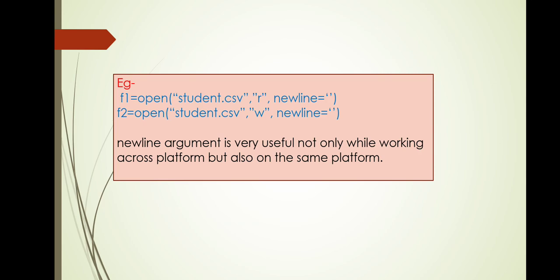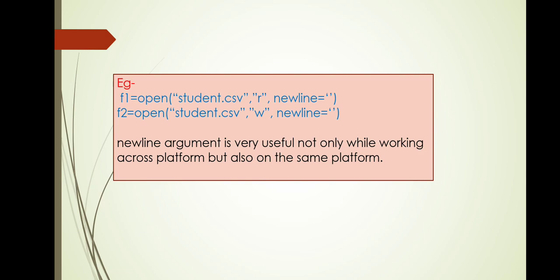This argument is used with the open function. How do we write? f1 is equal to open, then file name, then mode, and then newline is equal to whatever end of line character you want to use. When you are creating the CSV file, you can use this argument to suppress the end of line translation.